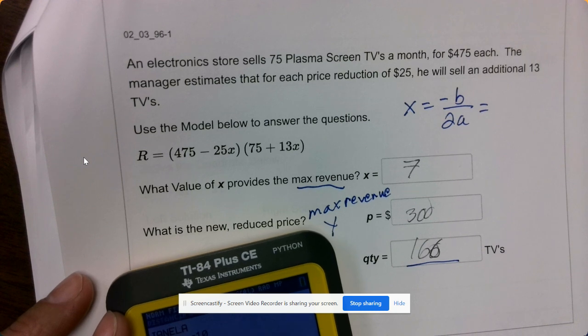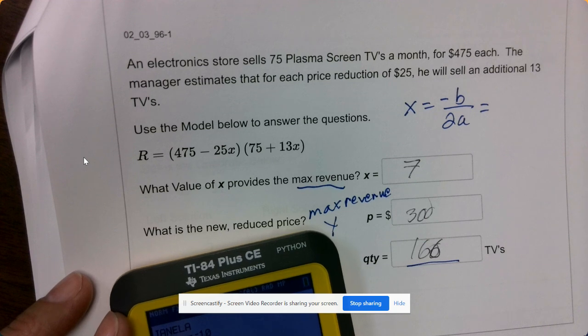I'm going to go by hundreds. Still don't see it in the window. Okay, let's check it. Whew, that's a big number. Okay. We're going to go by thousands.